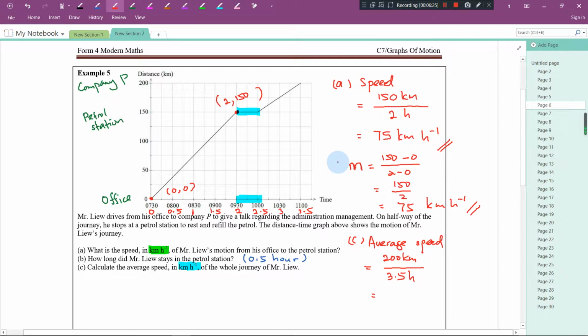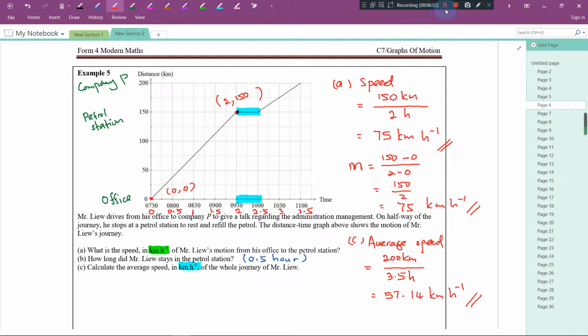If you want to give your answer as a fraction, you can. This time I just round it off to 2 decimal places: 57.14 kilometers per hour. If you don't want to write it this way, you can give your answer in this way. They are the same thing.